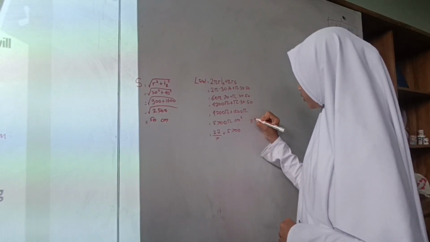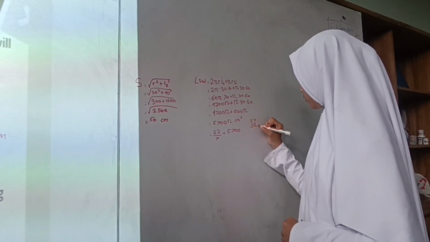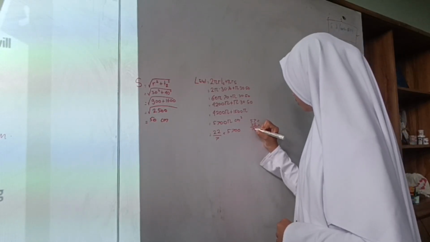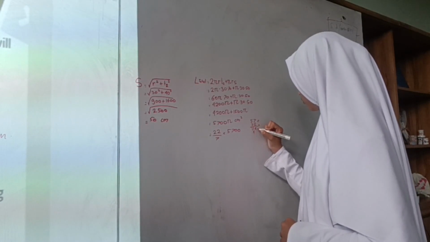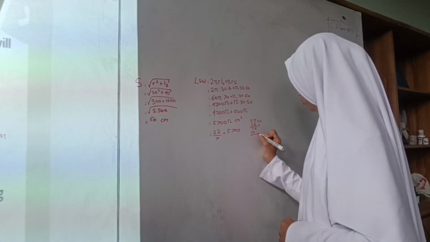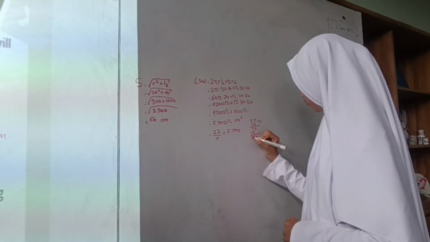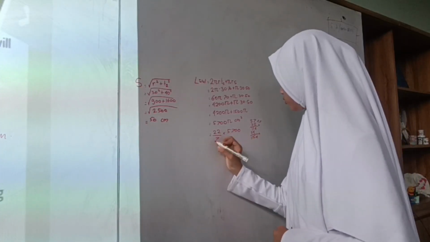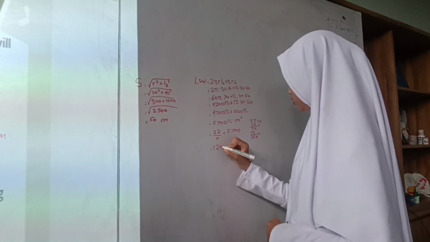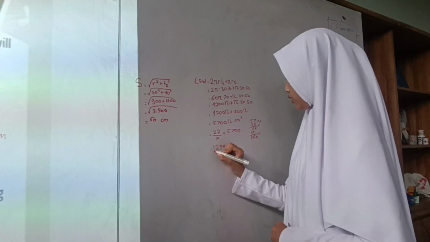So 57 times with 22 is 1,254. We will divide it with 7.